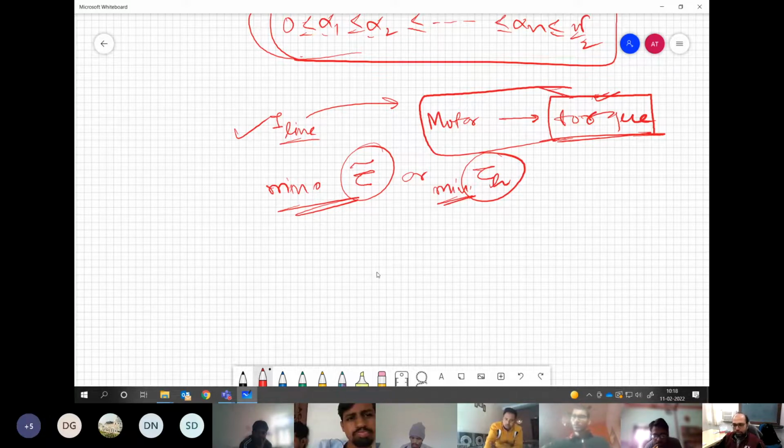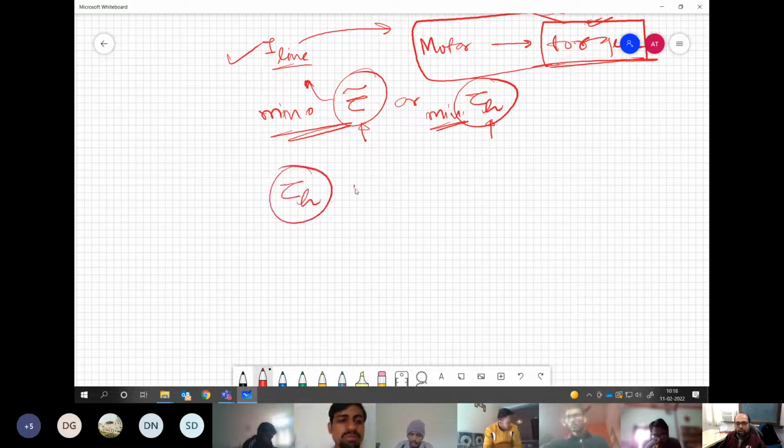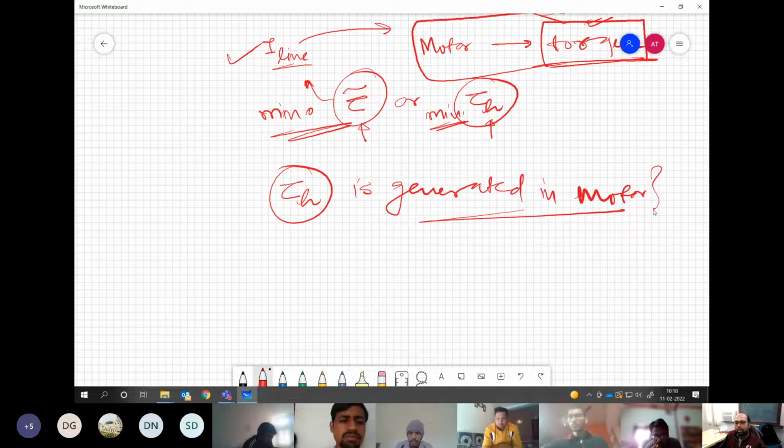Then first we need to understand what is the relation between the torque harmonic and current harmonic or any other quantity, which means how a torque harmonic is generated in the system. What causes this torque harmonic in the motor, and particularly I am talking about induction motor.